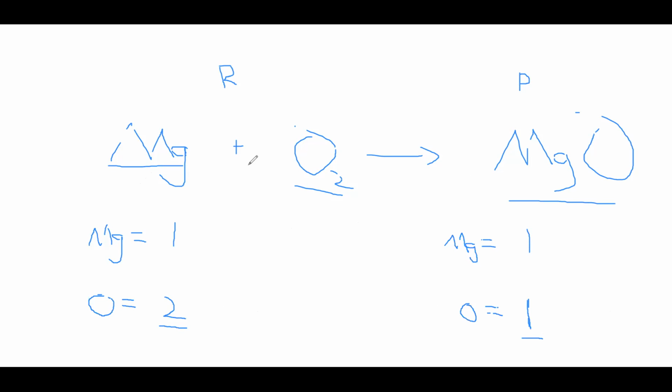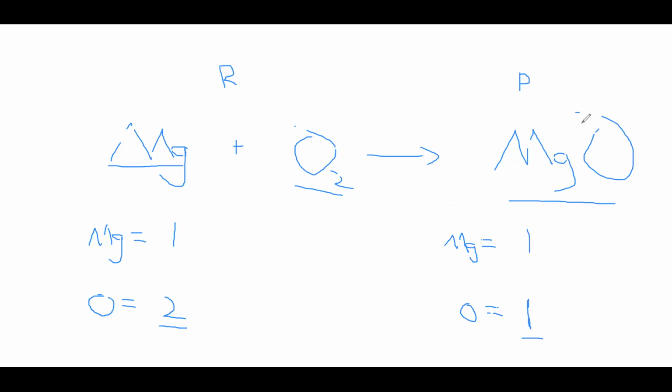So we have to start adjusting our coefficients to try and make these numbers equal to each other. So I noticed that my O's are the ones that are unbalanced. So that's where I'm going to try and fix things first. We have 2 O's on our reactant side, but only 1 O on our product side. So I'm going to try and make these balanced and both be 2.